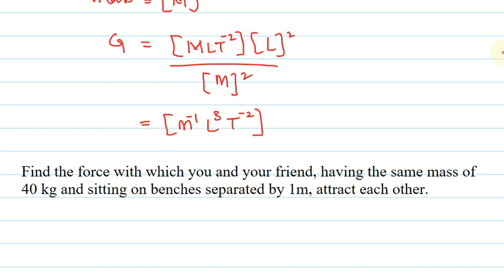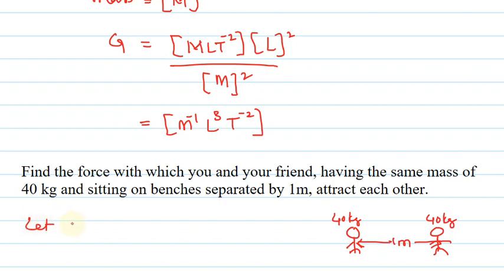Let me consider this is you and this is your friend, right? Both of you are 40 kilograms each, and you both are separated by a distance of 1 meter. Yes, right. So now let us see the solution of this numerical.